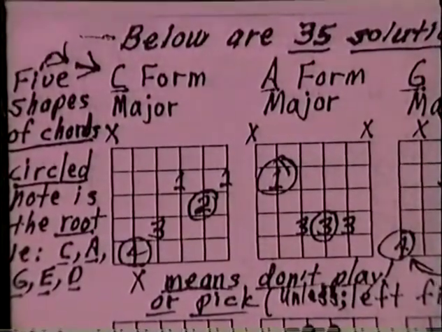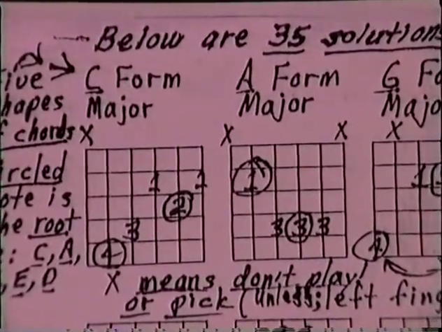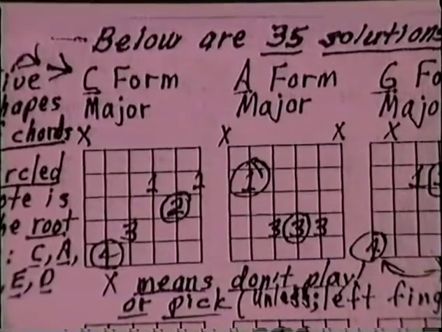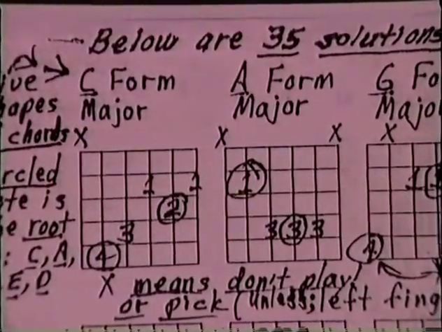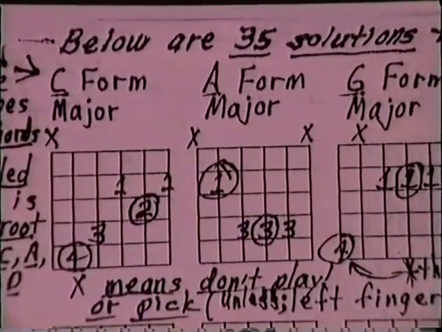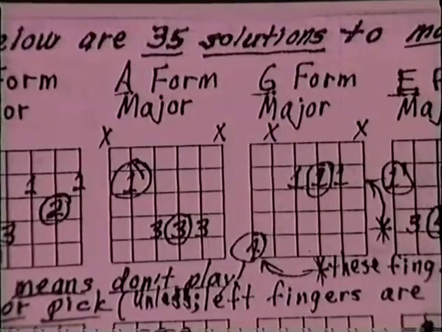The number 1 is actually the 3rd fret, and it is identically the same position and same note that the pinky is playing on the lower shape, which is the C form. Okay? So that's what's called an A shape, and you probably already know this, but we wanted to cover it for the beginners who bought this tape.